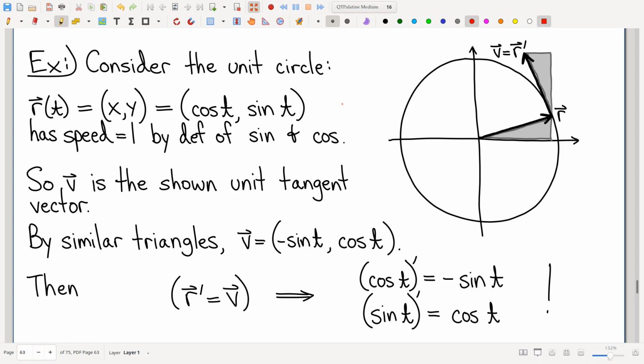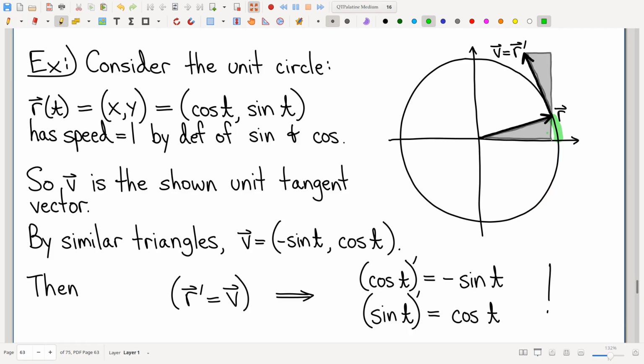So let's just talk about the unit circle. Y'all know the unit circle. Y'all know the unit circle is how we define trig, or said differently, this curve here traces out the unit circle. By the way, it has speed equal to 1 because notice that my parameter, which I'm thinking of as time, is also distance.